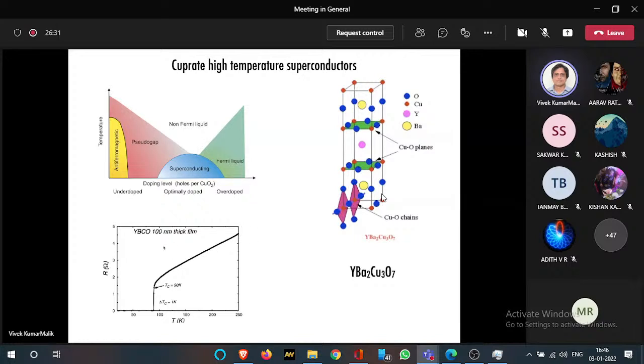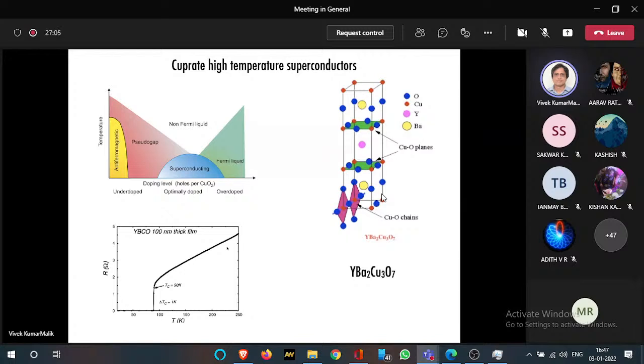The highest TC occurs at 90 Kelvin, at a doping of roughly 0.07. It goes through the transition from non-Fermi liquid behavior, and it's linear. That is also an indication that the metallic part is not normal Fermi liquid-like behavior, from the linearity of resistance versus temperature, because for normal metals the resistance is not really linear as a function of temperature.